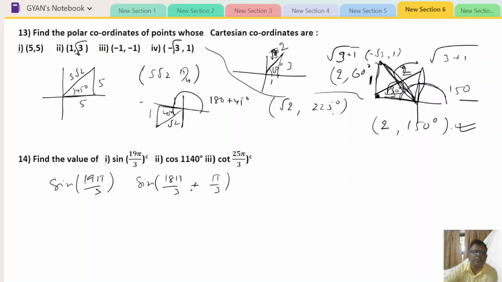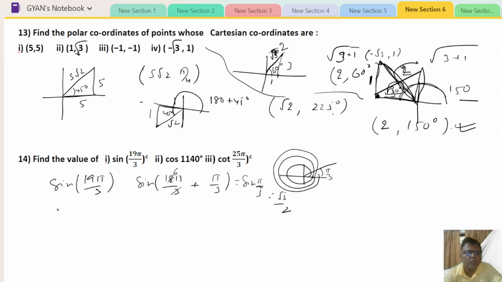That's why we have split it in such a way. So this is 6 pi plus pi by 3. Now here we are taking the angle: 2 pi, 4 pi, 6 pi, so that leaves pi by 3. So that is equal to sine pi by 3, which is equal to root 3 by 2.